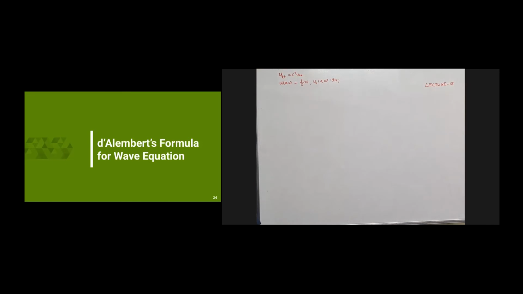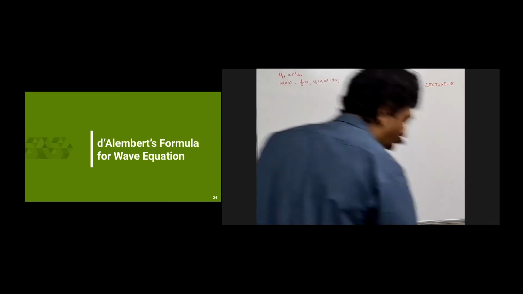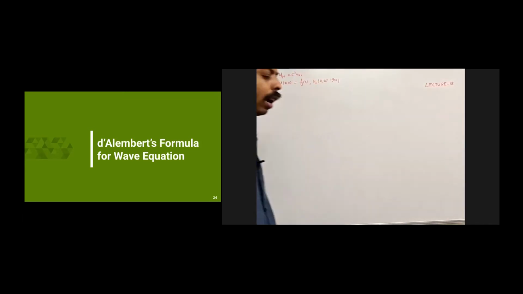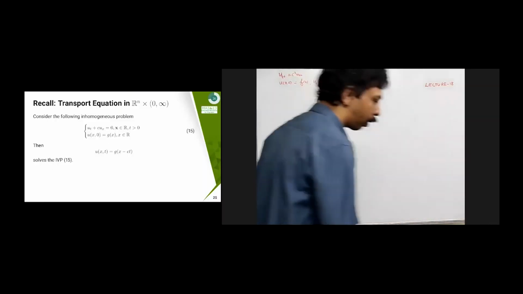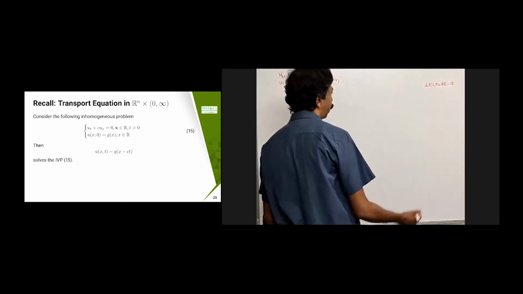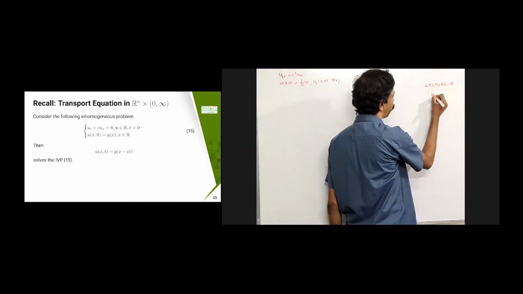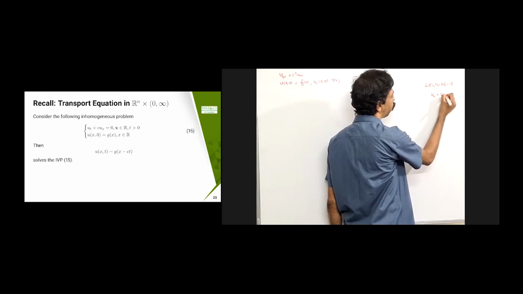Where x belongs to (0, l) and t is greater than 0. You can take even the general setup, not a problem, even minus is okay. Now we are going to solve this problem using the properties of the transport equation. We know from the transport equation, suppose this is my problem, ut plus c ux equal to 0.